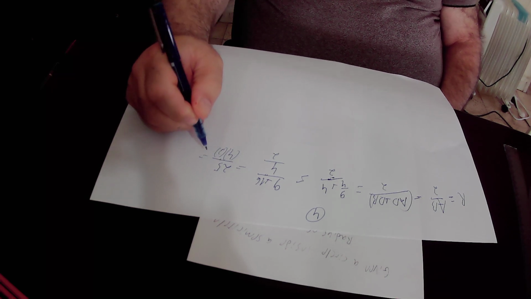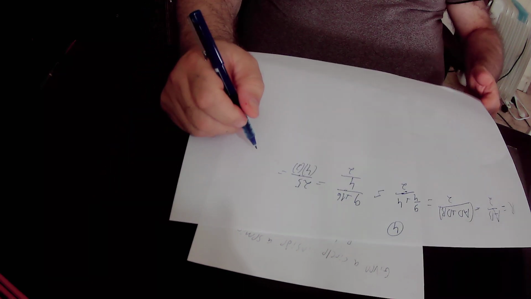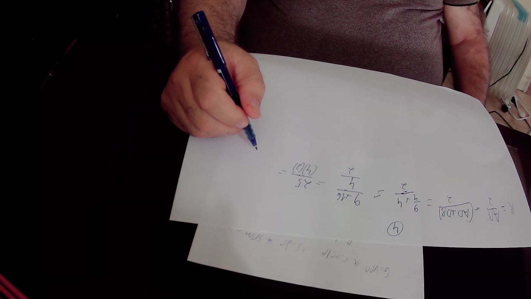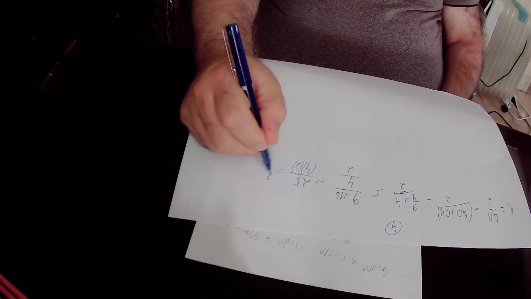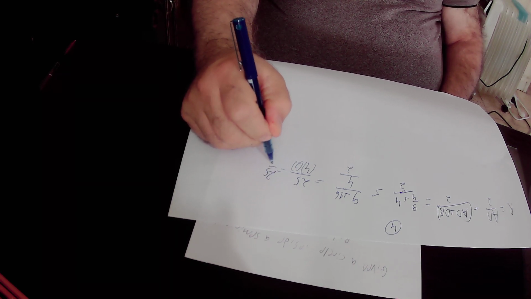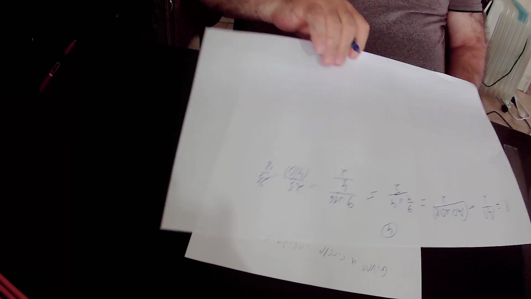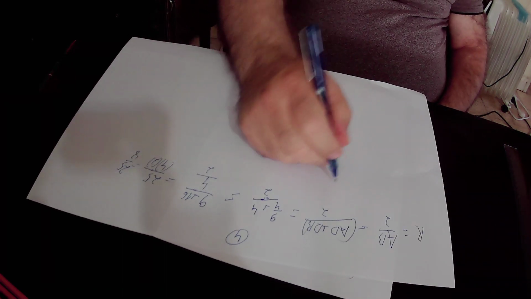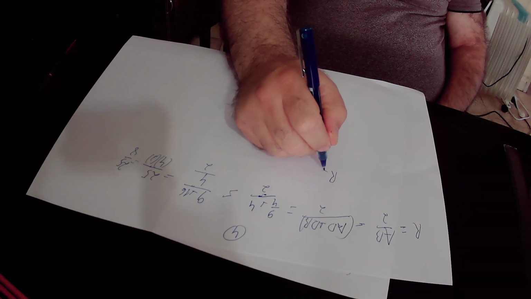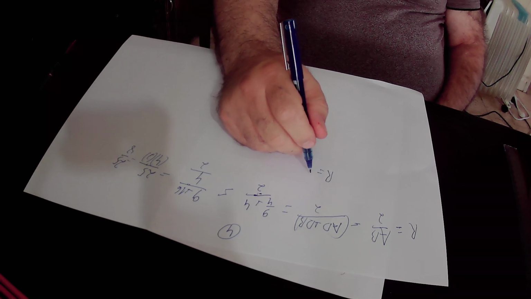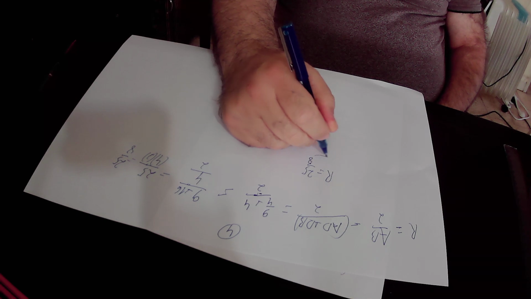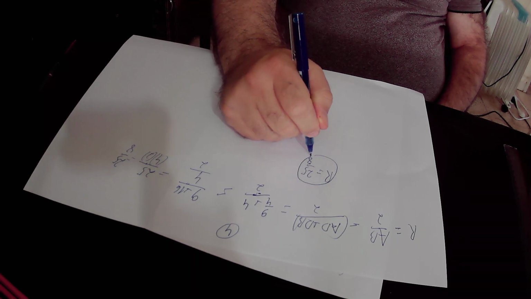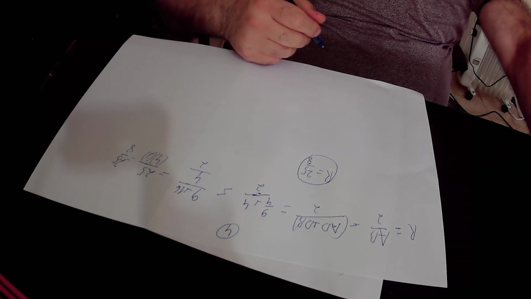In conclusion, the radius of the big circle, capital R, is equal to 25 over 4 times 2, which is 8. So the radius of the big circle, which is also the radius of the semicircle, equals 25 over 8 units. Okay.